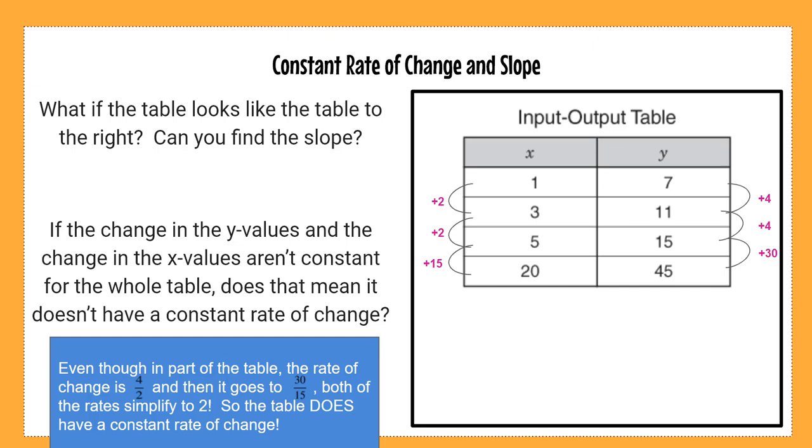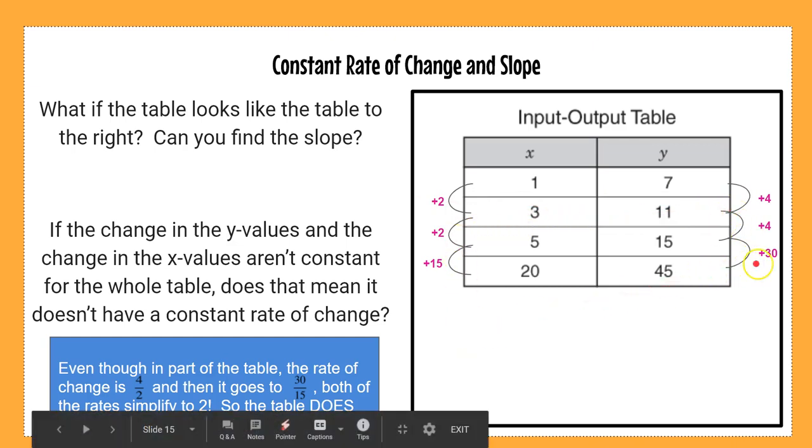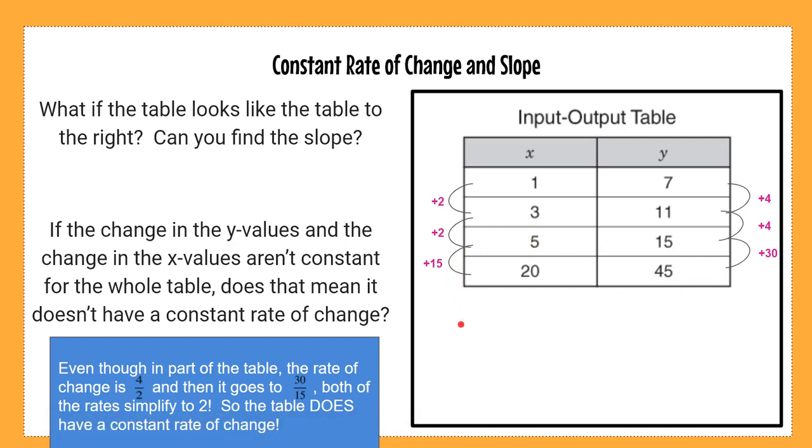So even though in part of the table the rate of change is 4 over 2, so the first two jumps, 4 over 2, 4 over 2, and then it jumps to 30 over 15. Well, that's not what we've been used to, but both of these ratios, 4/2 and 30/15, simplify down to 2. So the table does have a constant rate of change.